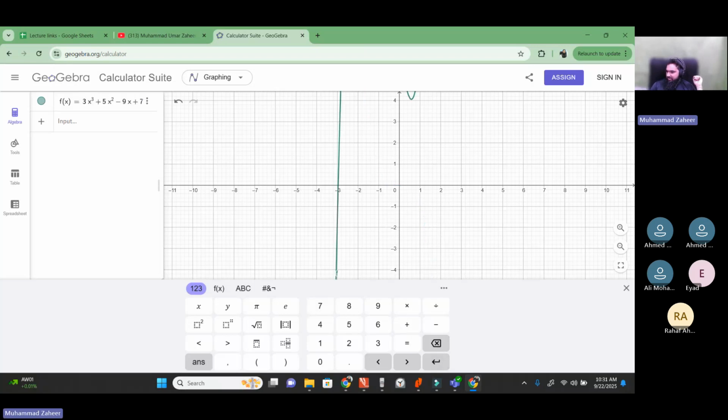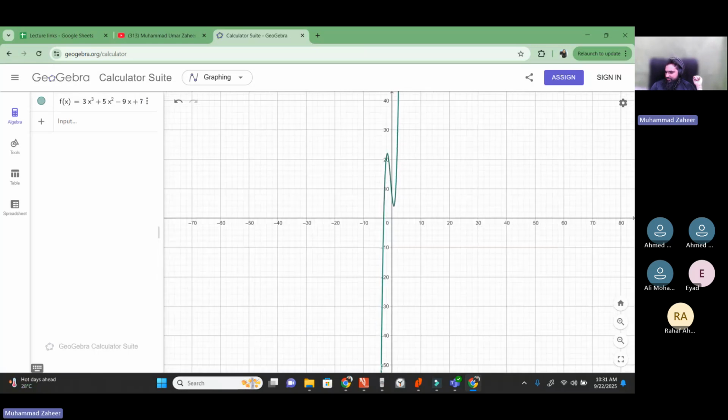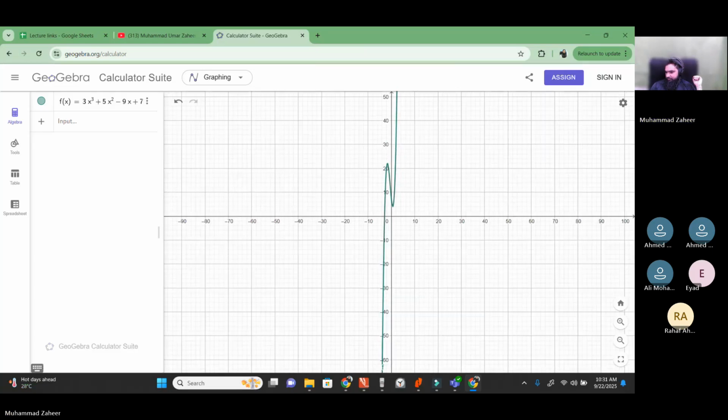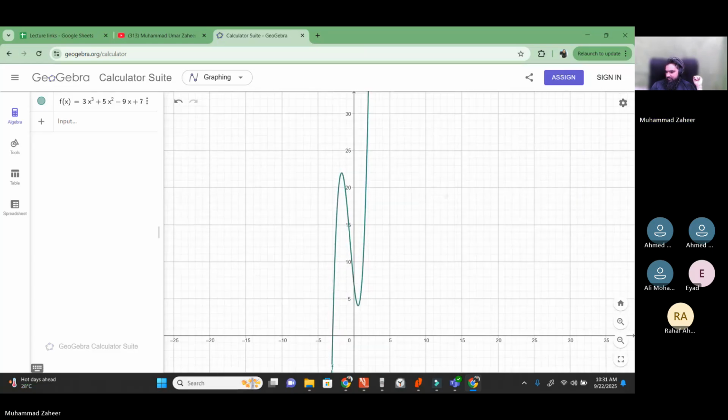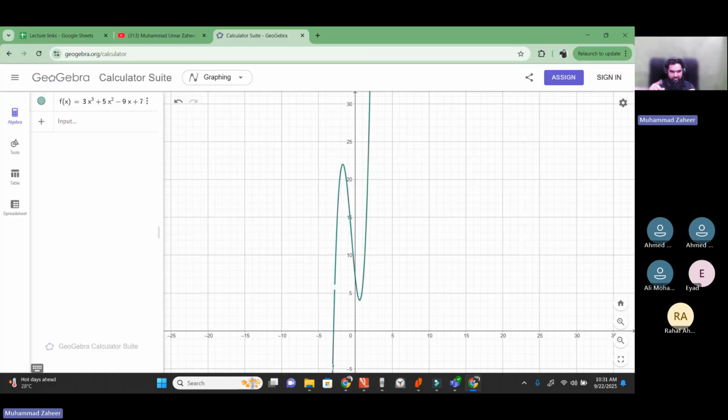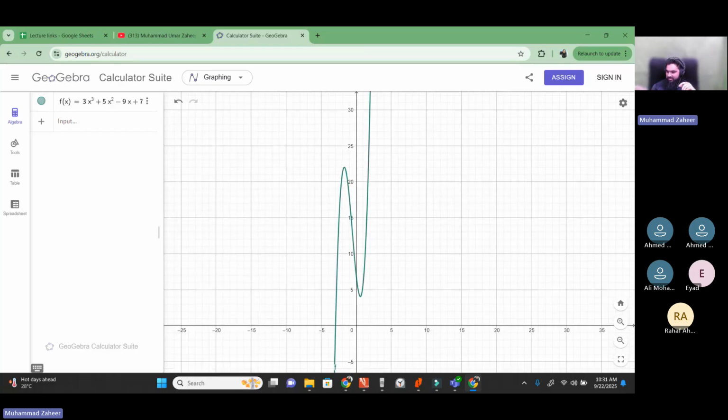Now look here. Ultimately, the shape of the graph is going to be the same like this, right? It is going to be a smaller change, but ultimately the shape looks the same, from right to left.